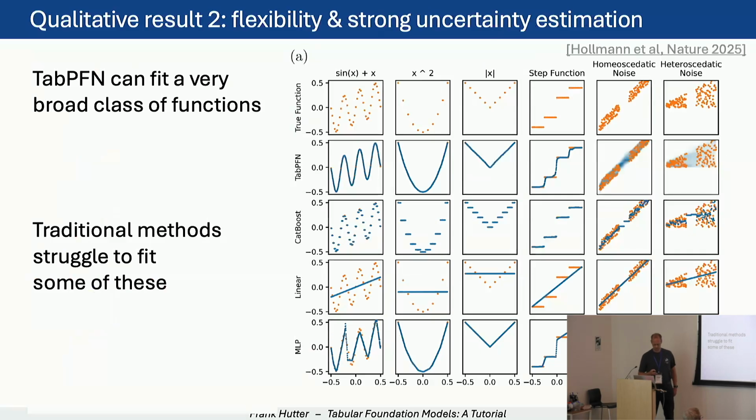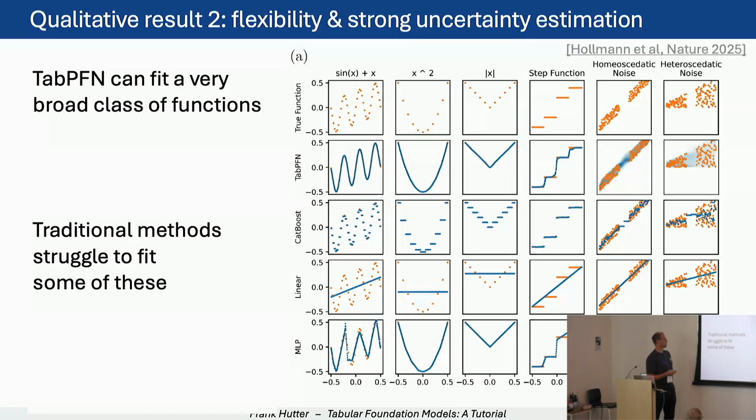Another qualitative result is it's very flexible and good in its uncertainty quantification. For example, here in this data, there's just some missing values, and you're tasked to predict in between, and it can predict, here this is the noise, and here this is heteroscedastic noise, and it also predicts that the noise would be growing there.